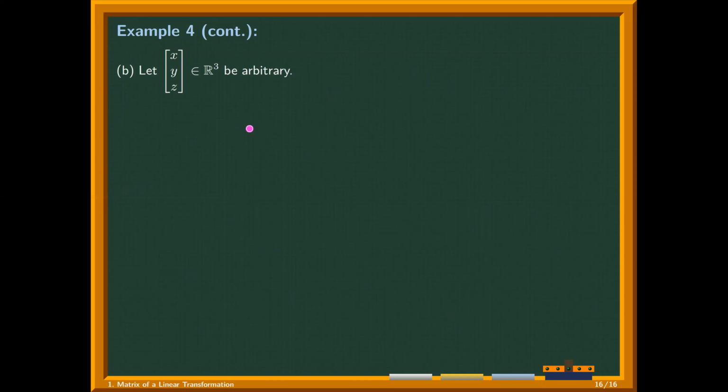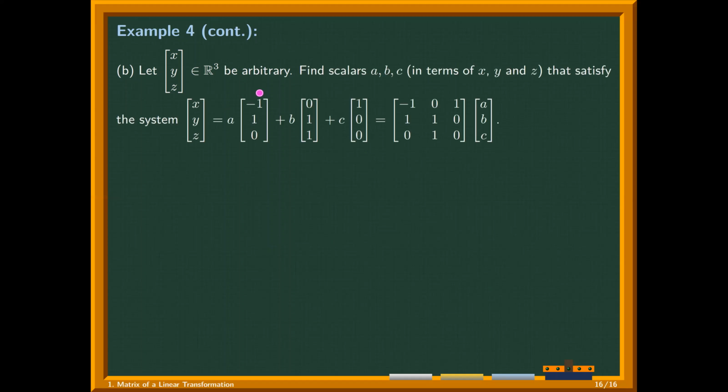For B, we just apply the idea used in A for an arbitrary vector from R3. So first, we have to determine the coordinate vector of (x, y, z) with respect to S. So we need to find scalars a, b, and c, which are in terms of x, y, and z, satisfying this linear system.